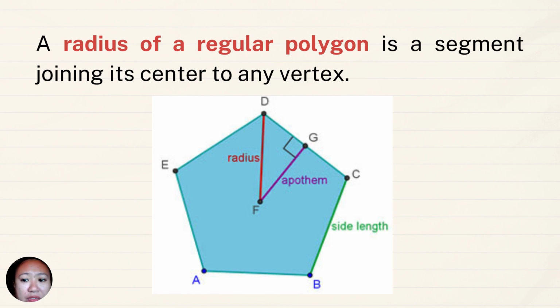Line segment FC, for example, is created if we connect point F to C. We can also create another line segment FB, which is also a radius, and FA, FE, and so on.